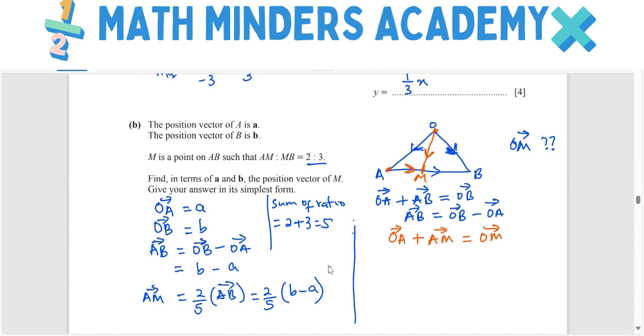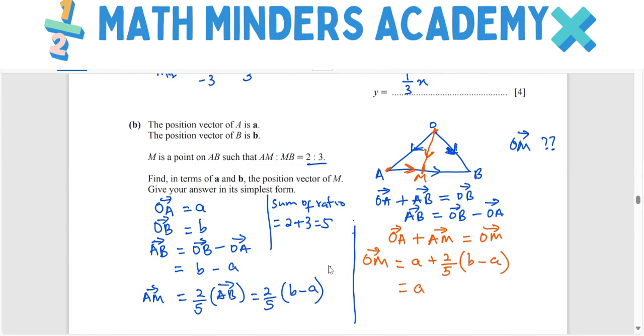Since we are looking for OM, we've seen what OM is. So OM that we are looking for is OA, which is vector a, plus AM, which is 2/5 (b minus a).